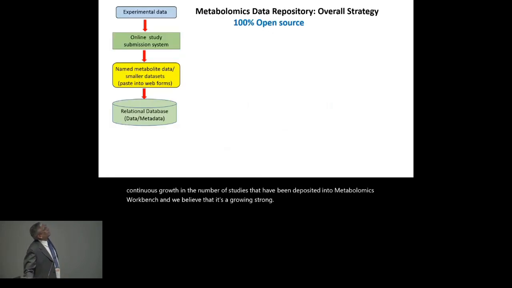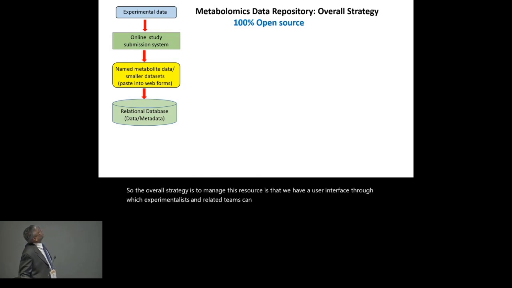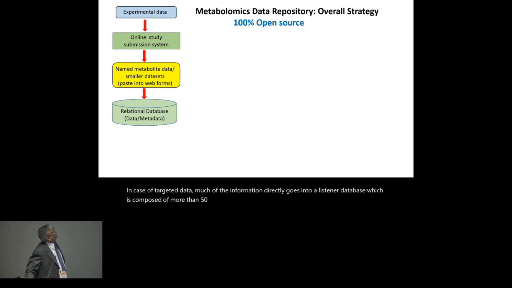So the overall strategy to manage this resource is that we have a user interface through which experimentalists and related teams can submit their metadata and data to Metabolomics Workbench. In case of targeted data, much of the information directly goes into a relational database, which is composed of more than 50 different tables.